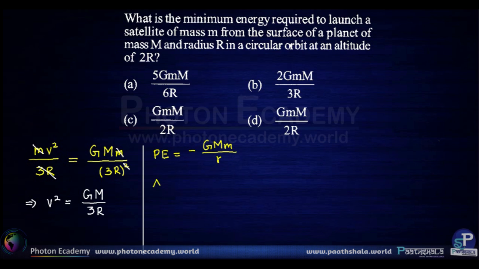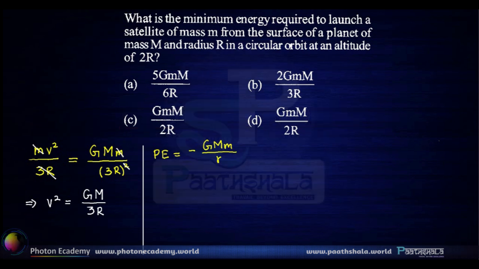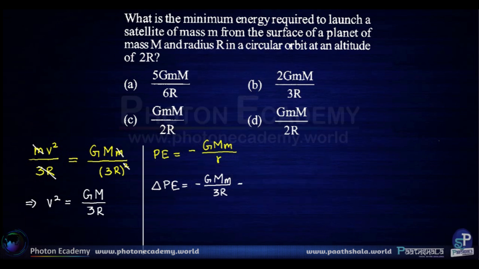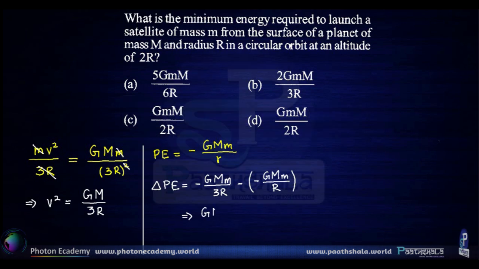Hence the change in potential energy from the surface to the circular orbit would be equal to the final potential energy, minus GMm by 3R, minus the initial potential energy, which is minus GMm by R. So this turns out to be GMm by R into 2 by 3.